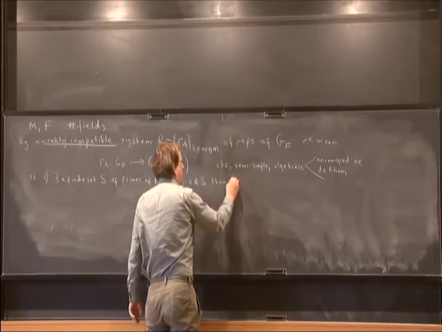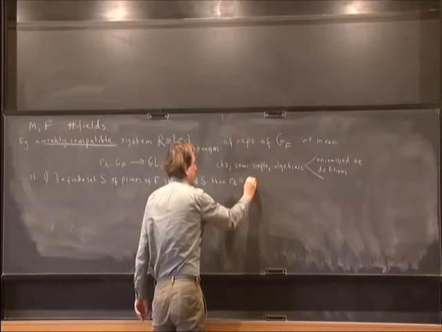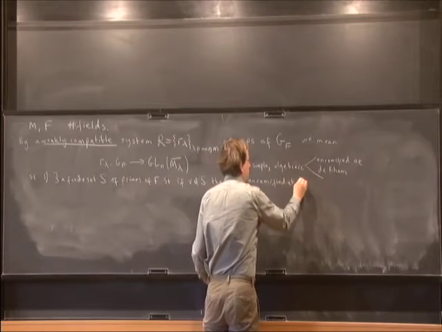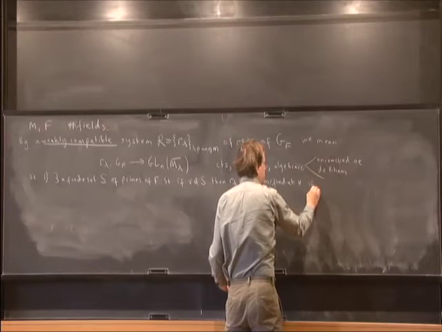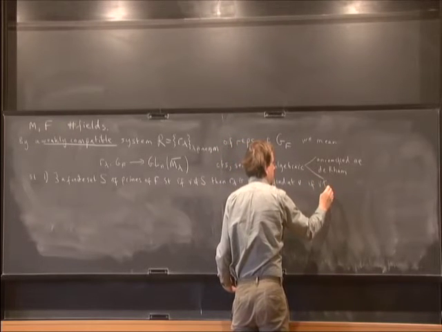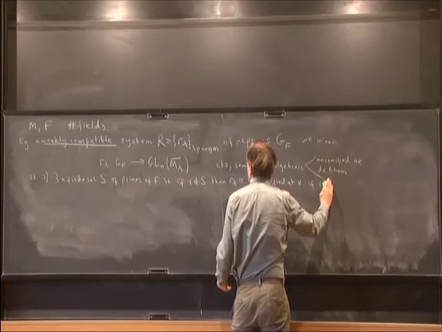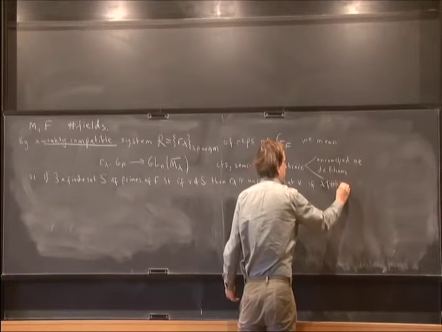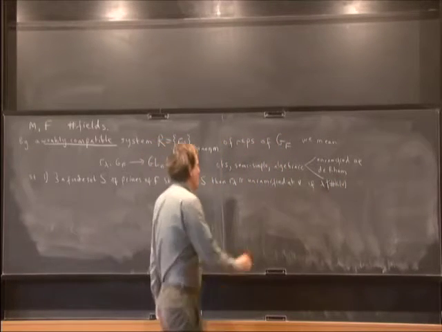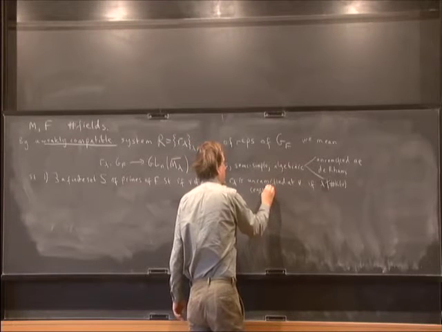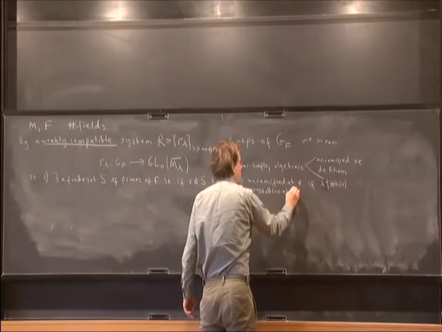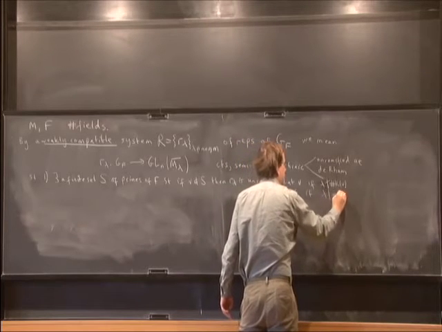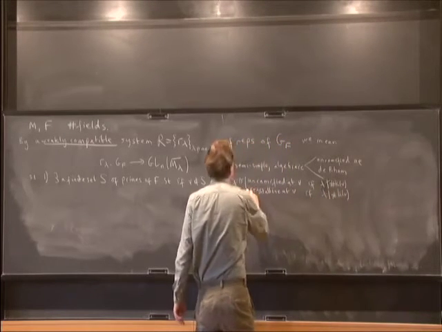Then R lambda is unramified at v in the case lambda does not divide the residue characteristic of v, and crystalline at v if lambda divides the residue characteristic of v.